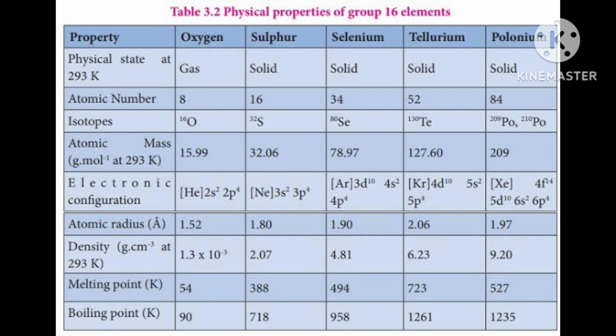Again, listen carefully: the stability of +6 decreases down the group and the stability of +4 increases. This is due to the inert pair effect. Bonding in +4 and +6 oxidation states is primarily covalent.